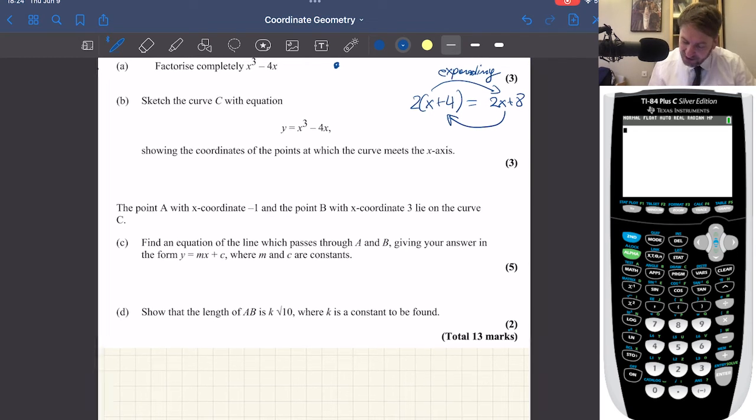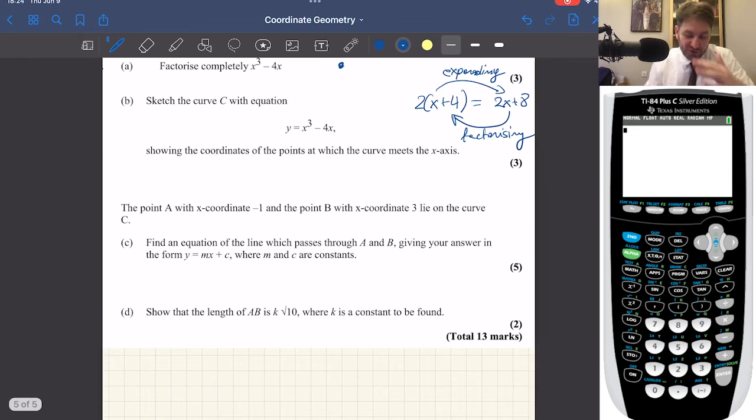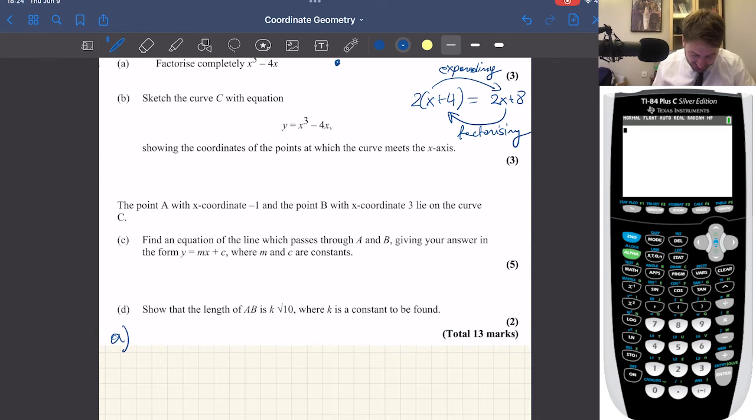Factorizing is going in reverse. All right, expanding one way, factorizing in the other way. In math, we have a lot of those doing, undoing type of situations. Okay, so let's figure out how we're going to tackle this question A, factorize.